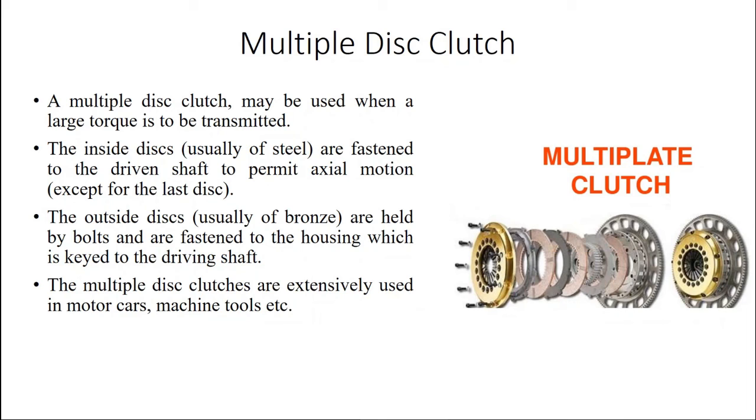Since we do not have enough space, we increase the number of friction surfaces. Small clutch plates but a large number. In this way, we increase the torque transmitting capacity by increasing the number of friction surfaces, rather than by increasing the size or diameter of the friction surface. This you have already studied.